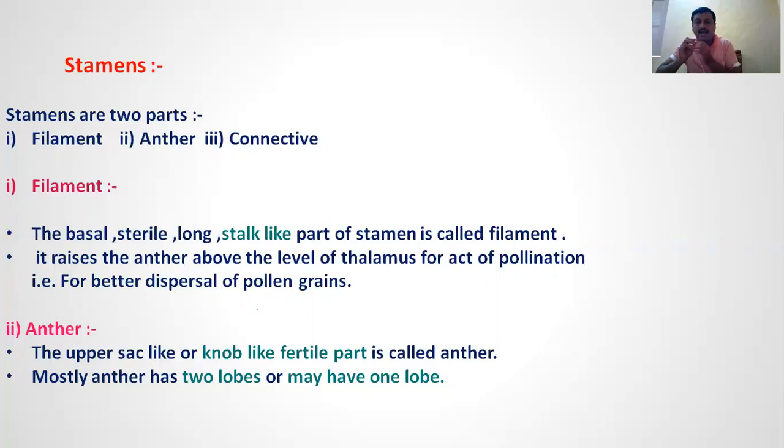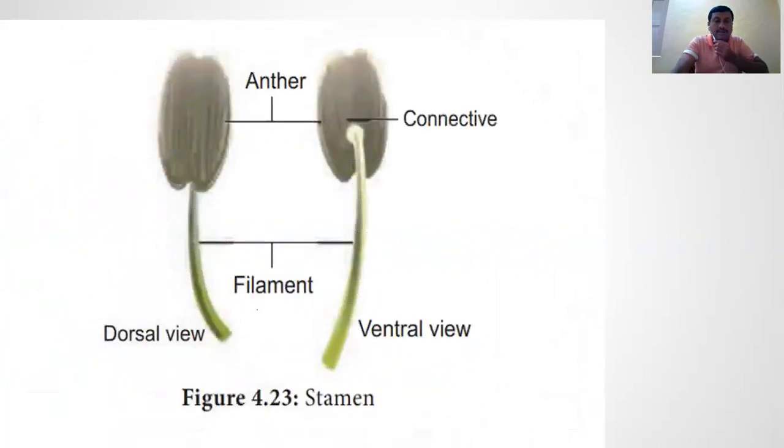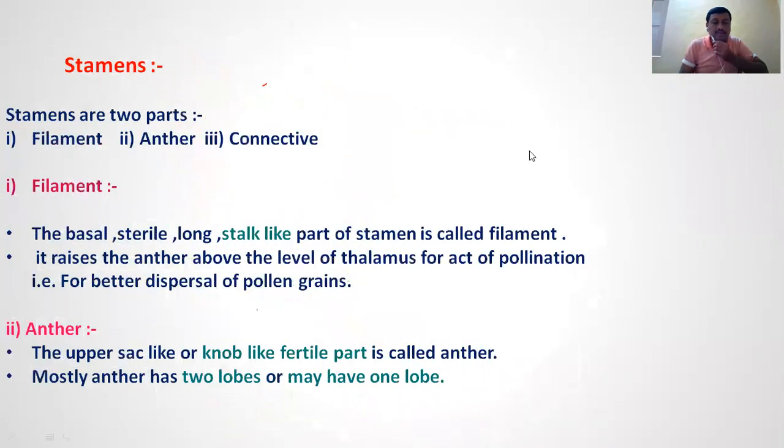Then next, anther. Anther is the fertile part. It is the upper sac-like or knob-like fertile part, called the anther.